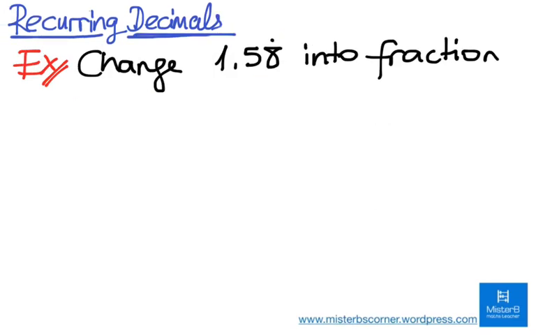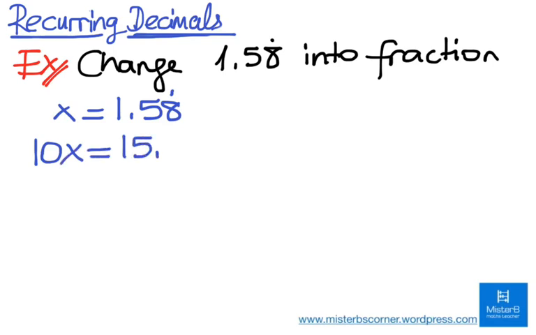Now let's look at this example. It says change 1.58 with 8 recurring into a fraction. So I'll say my fraction x will be 1.58 with the 8 recurring. Now if I multiply by 10, 10x will be 15.888 like that.